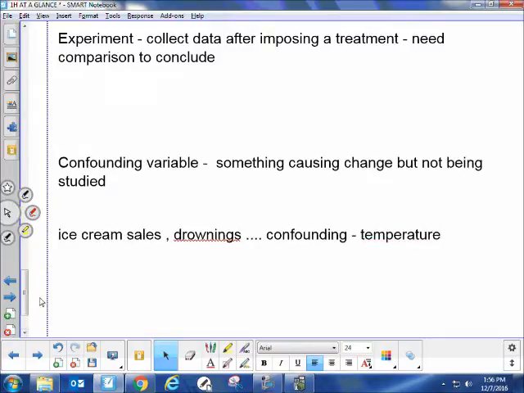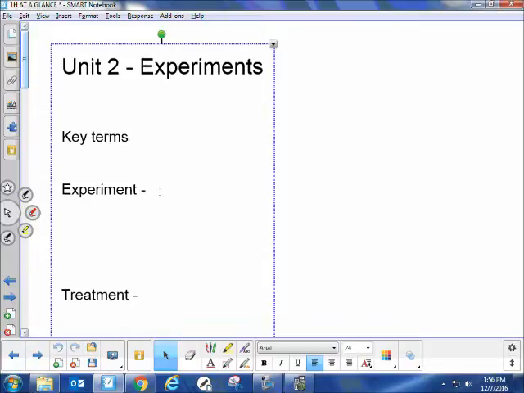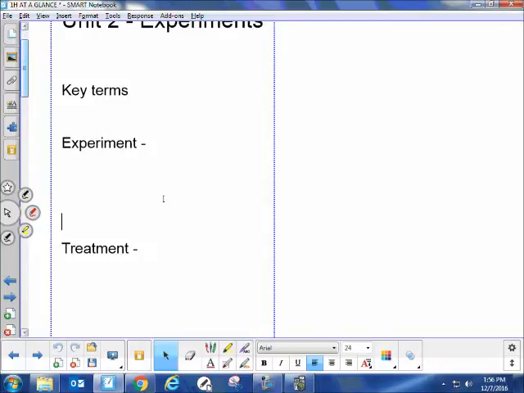Okay, so that was unit 1. Unit 2, we then looked more into experiments. Experiments is how we are going to set up a situation where we can collect data and have some comparison. Okay, and the experiment imposes treatments.